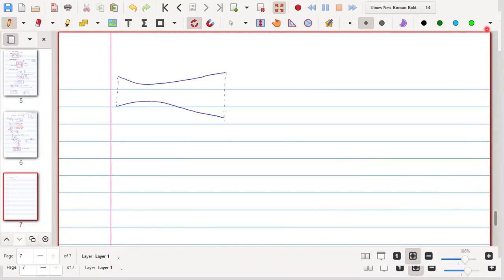So this part is converging initially, and this part is diverging.